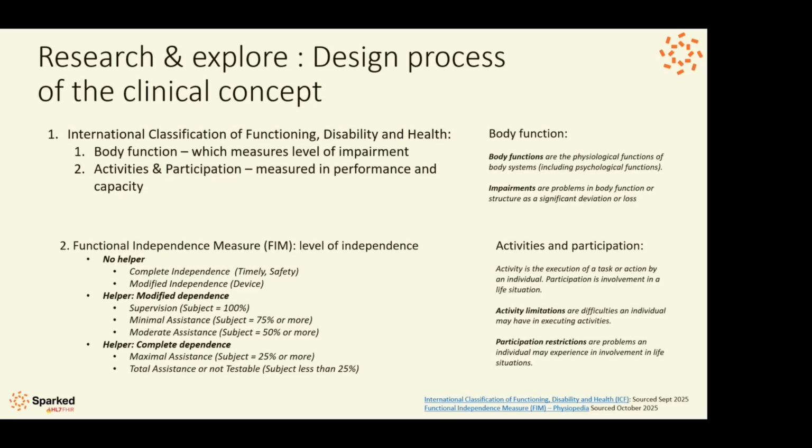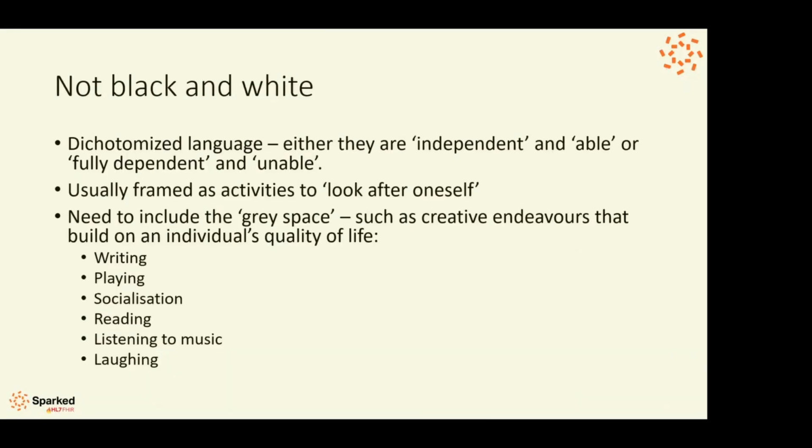And then the Functional Independence Measure is a common independence measure, a metric that's used across the world, which is actually looking at the level of independence, how much modified dependence they need, so whether they need supervision or they need some assistance, and whether they are completely dependent. So it's not black and white.